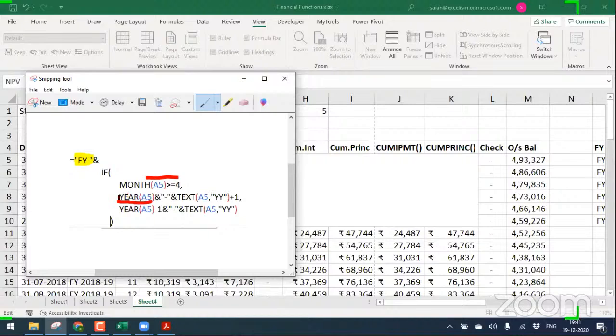That means A5 is having a date. This gives you whatever the year, 2010 or 2011 or 2007, and so on. Then it is just joining with a hyphen, because anyway in financial year 2012-13, the hyphen is required.